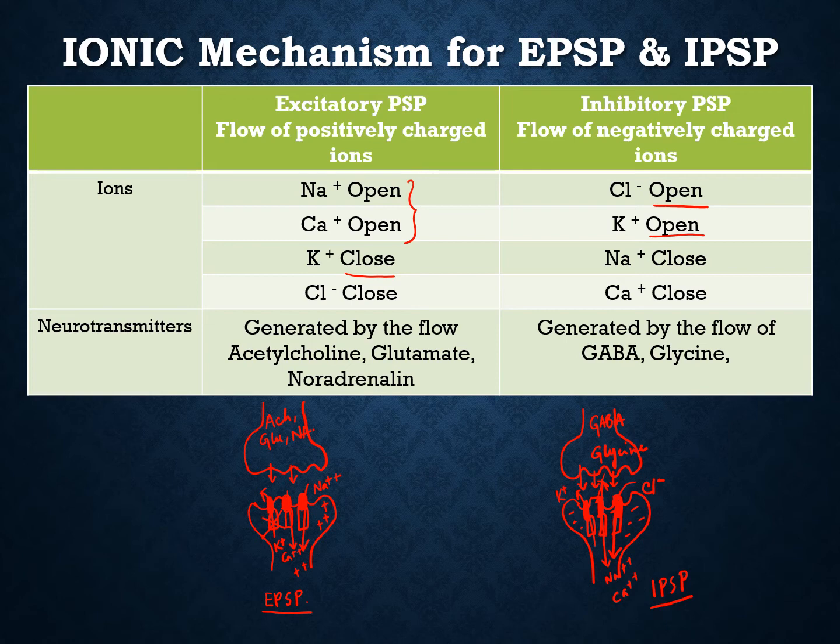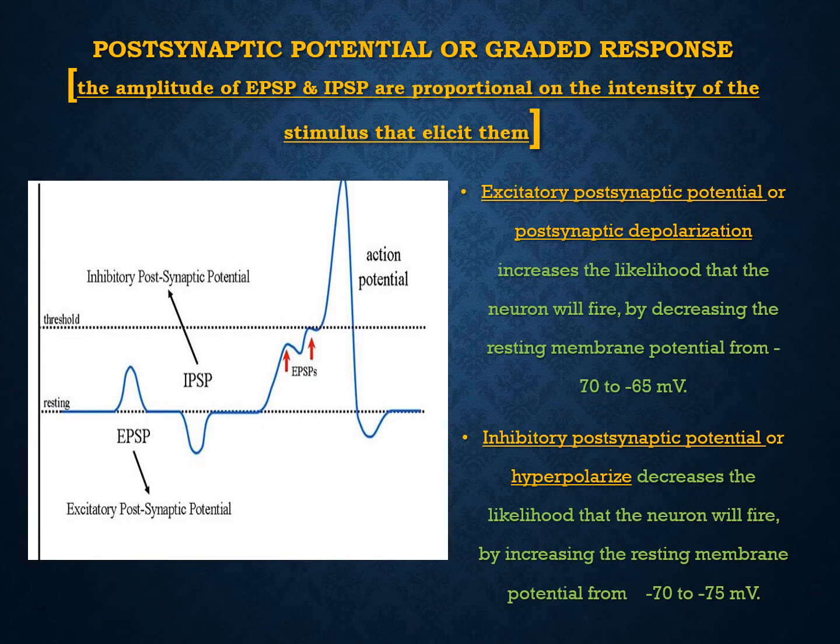So in this slide, we came to know how the EPSP or IPSP gets formed. Now, postsynaptic potential is also known as graded response. Why? Because the amplitude of EPSP and IPSP is proportional to the intensity of the stimulus that elicits them.